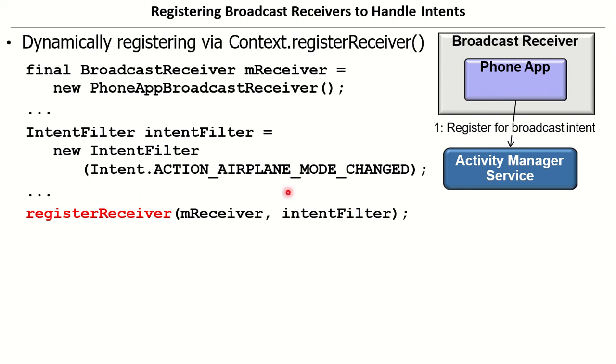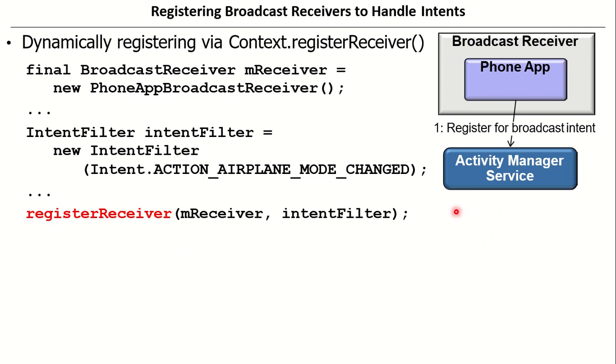The action airplane mode changed means that whenever a user changes the airplane mode, then whichever applications have registered for that message, the activity manager will call the onReceive function of that application.